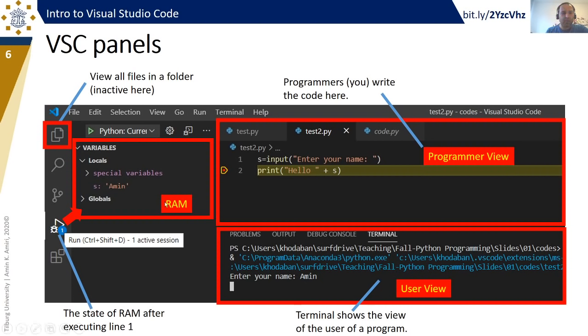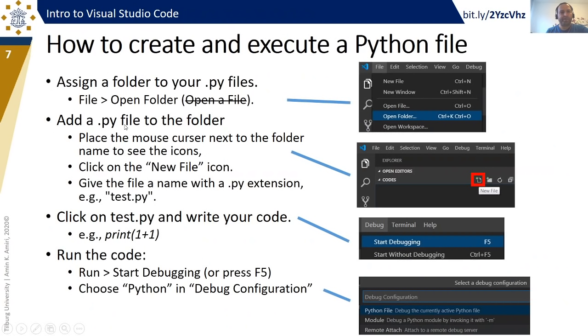You can also see the states of the variables during executing the program line by line. So here you see that a variable is created, it's called S, and the value inside that variable is Amin. You can also see the list of all files if you click on this icon, which is inactive here at the moment.